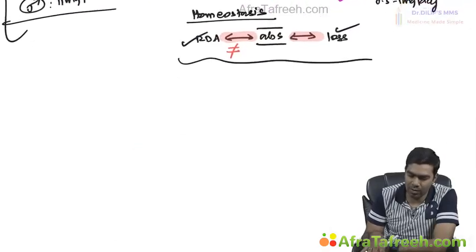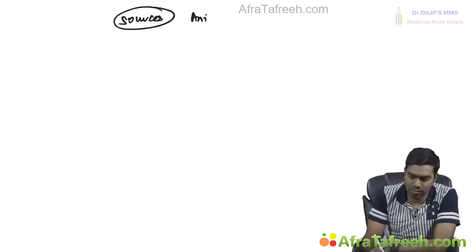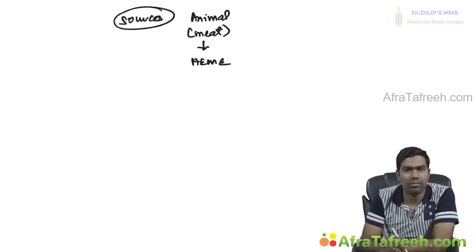And next, whenever you think about your sources of iron, what could be the sources? Iron can come from two sources. One is animal sources, typically meat, where you get iron in the form of heme iron.